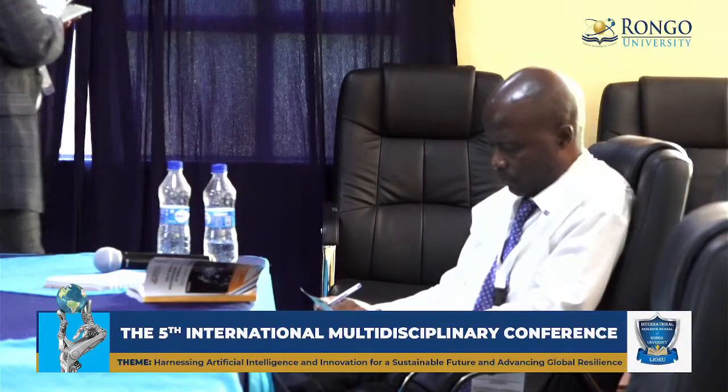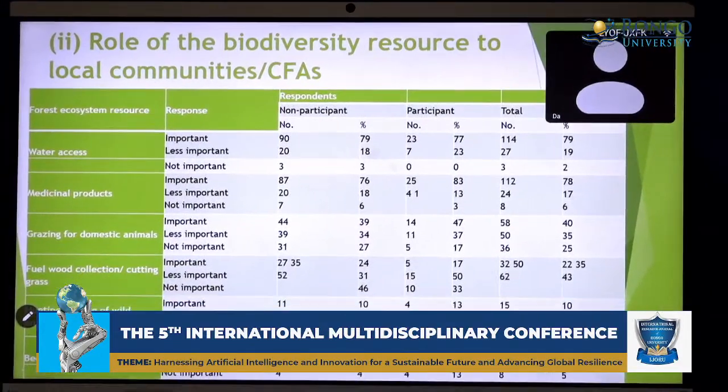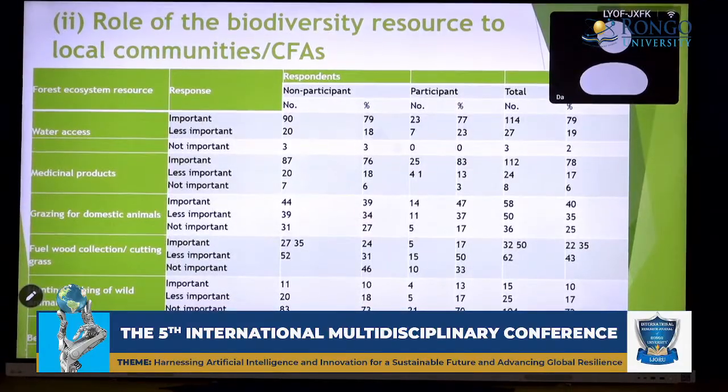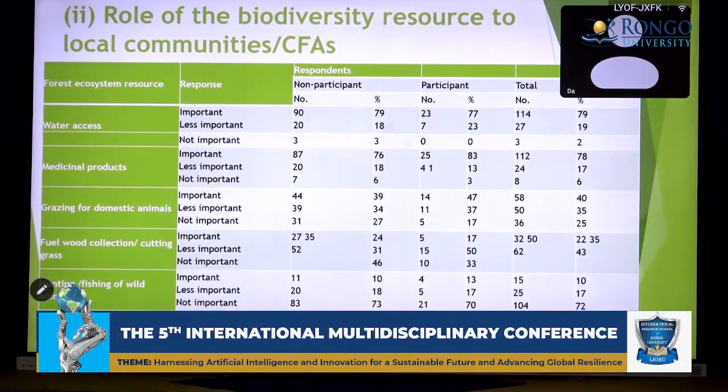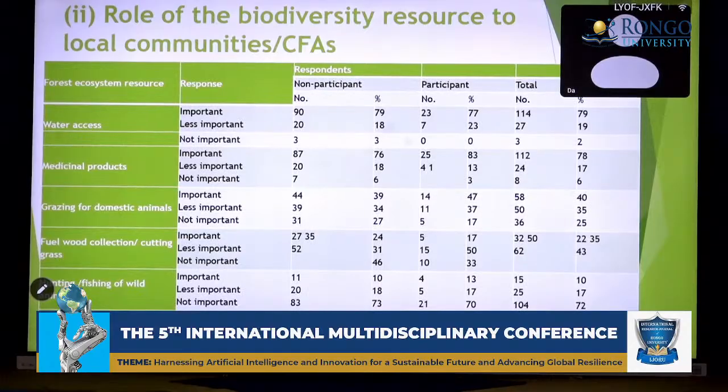Some of the results that we have generated in this study, for instance, we looked at the role of biodiversity resource to local communities. What are the local communities accessing or benefiting from in terms of the biodiversity that we are trying to conserve in this forest ecosystem?